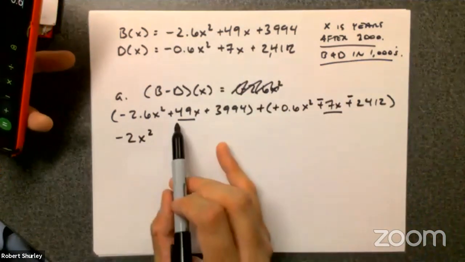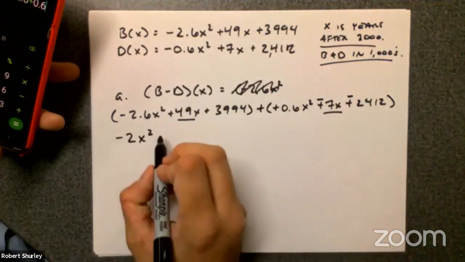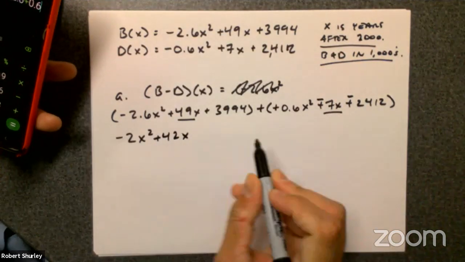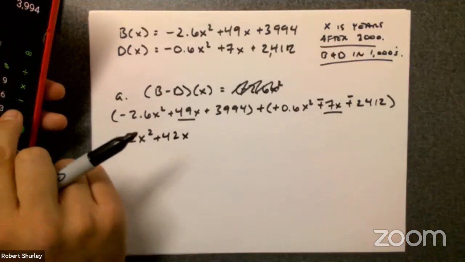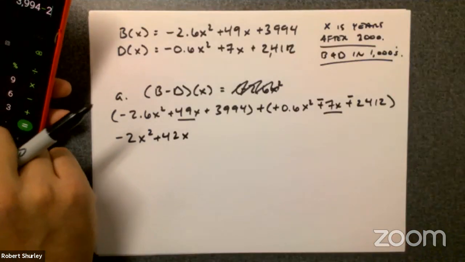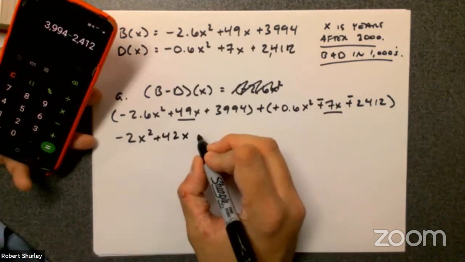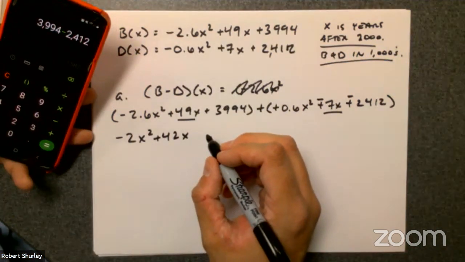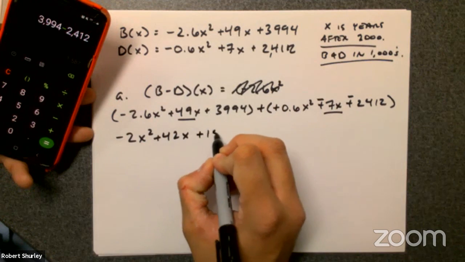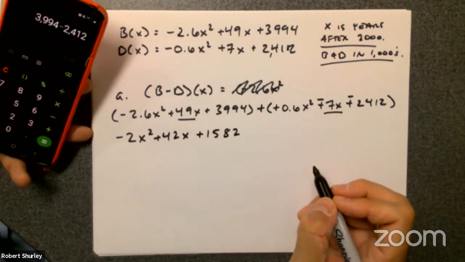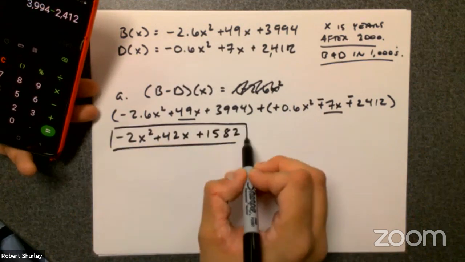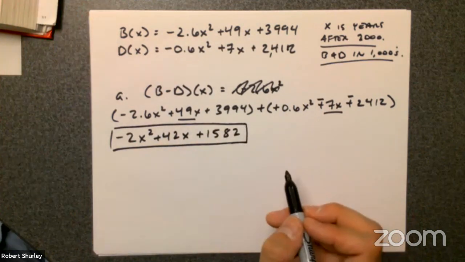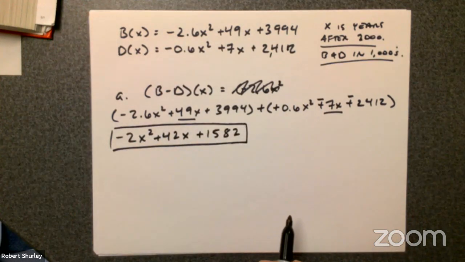So 49x minus 7x is going to be 42x. 3994 minus 2412 is 1582.